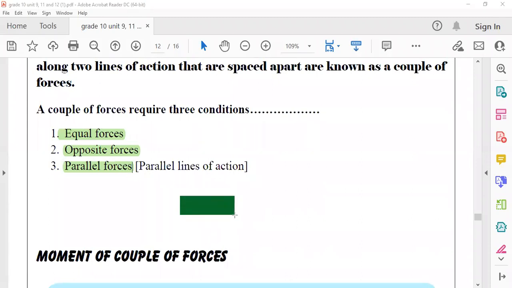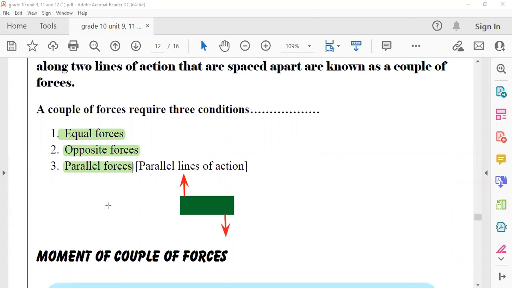Here, let us draw a diagram. Here there is an object. In this object, a couple of forces are going to function. Here, if one force is working in this direction, an equal force should work in the opposite direction in this manner.